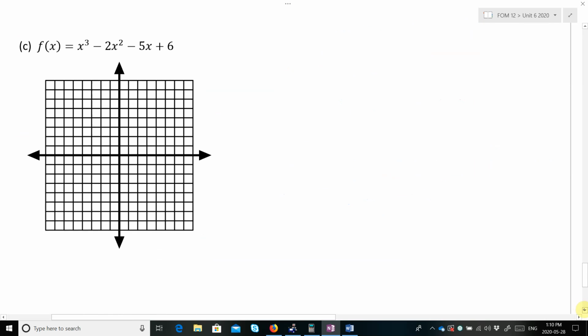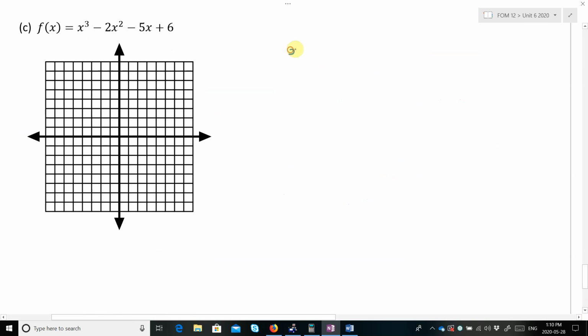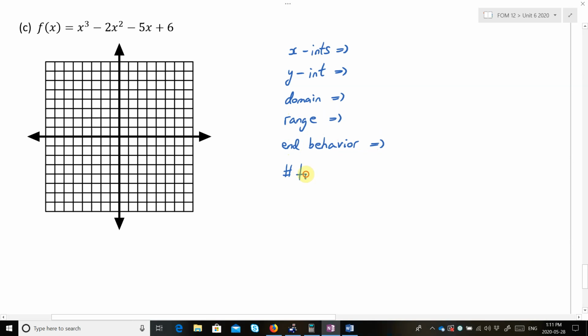All right, and letter C. Again, they want us to find x-intercepts, y-intercept, domain, range, end behavior, and number of turning points.